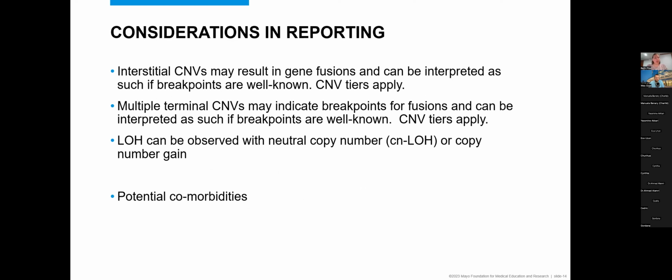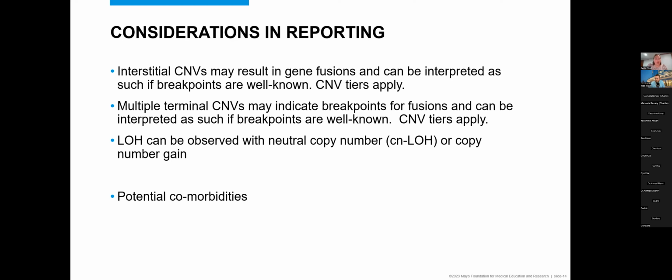Interstitial copy number variants and multiple terminal CNVs may result in fusions and can be interpreted within this tier system if the breakpoints are known and well defined. Some common examples of the interstitial CNVs would be like a FGFR1-TACC1 fusion, or like KIAA1549-BRAF fusion that we see in pilocytic astrocytomas.